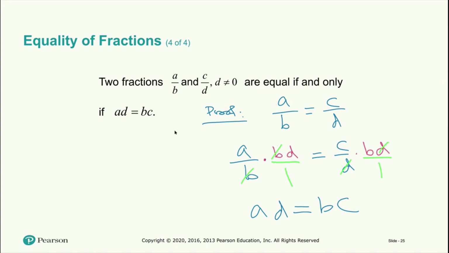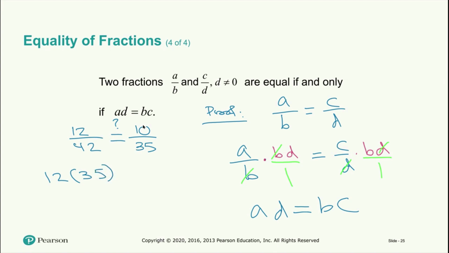Let's try that with the fractions we've been looking at. 12 over 42. We want to know if that's equal to 10 over 35. So we quickly calculate the cross products. We multiply 12 times 35. That's one cross product.